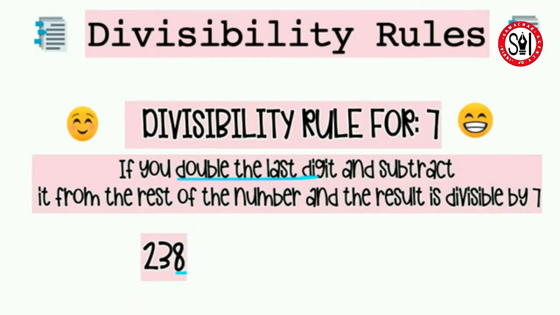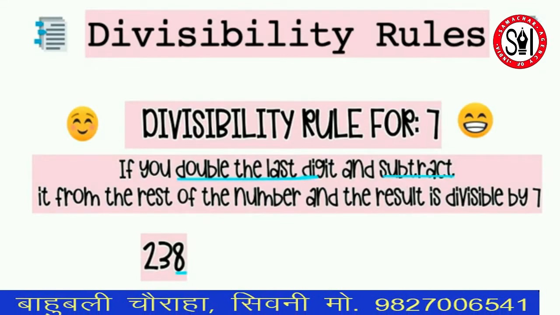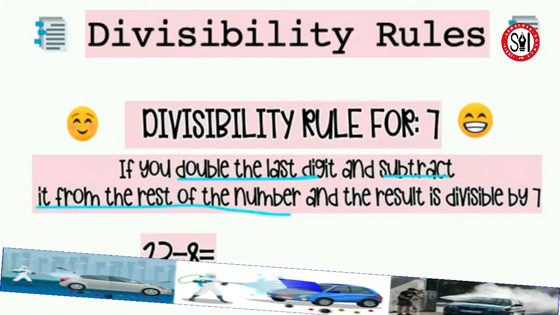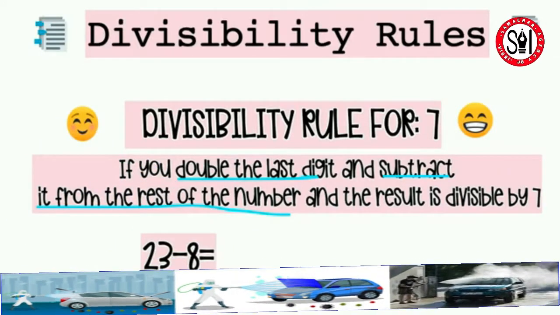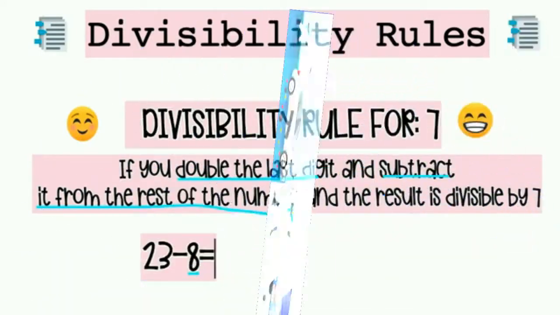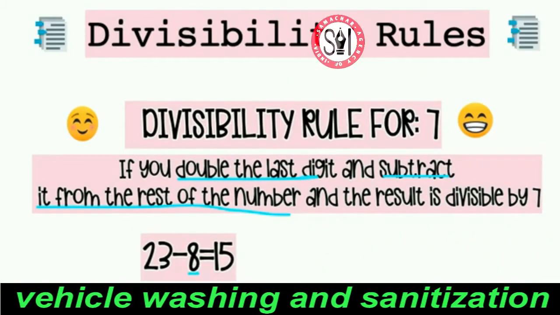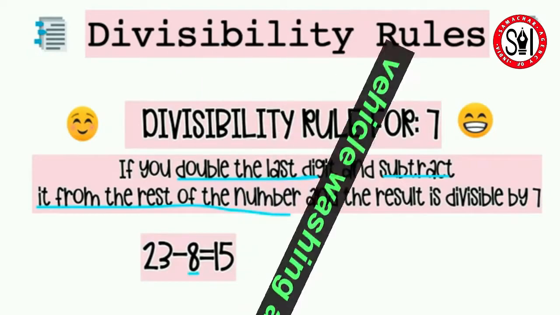And now it says to subtract it from the rest of the number. So let's do that. 23 minus 8 equals 15. And 15 is not divisible by 7.